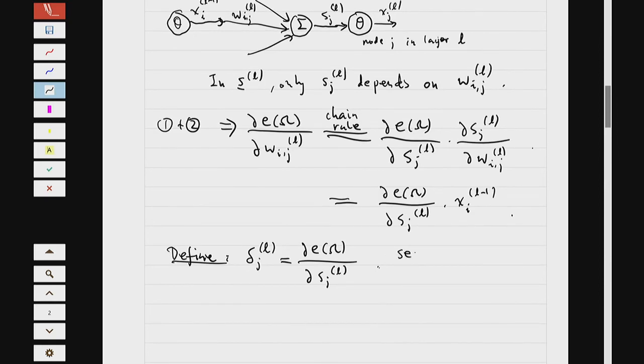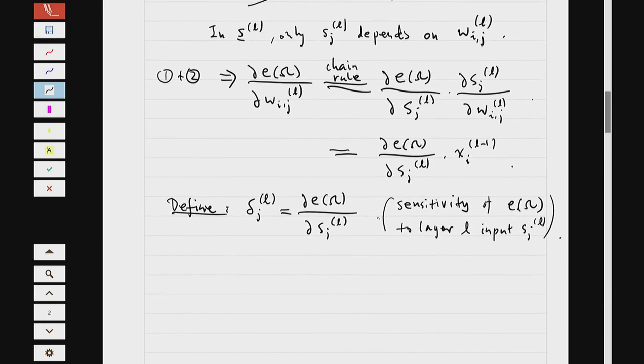This delta is the sensitivity of the error to layer L input, not the output. The input to that layer.